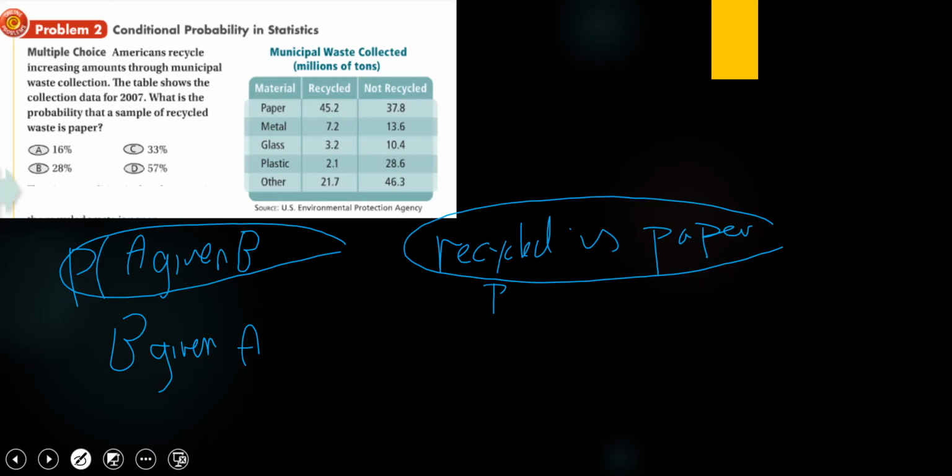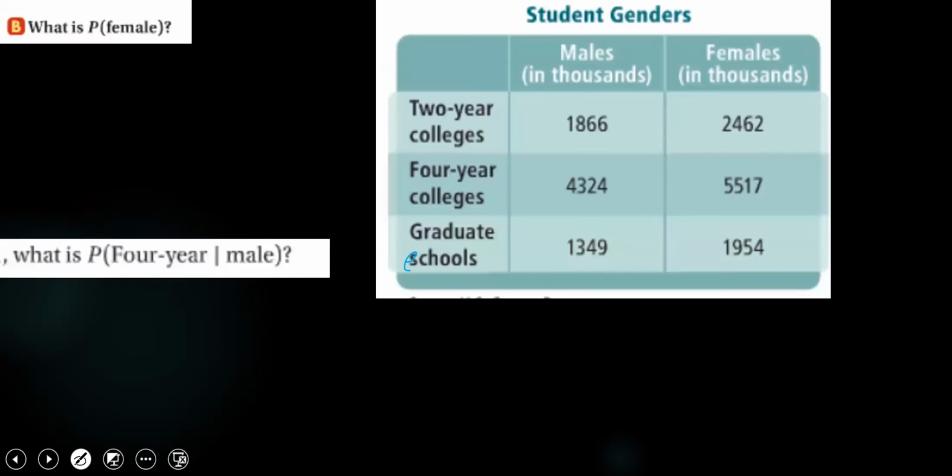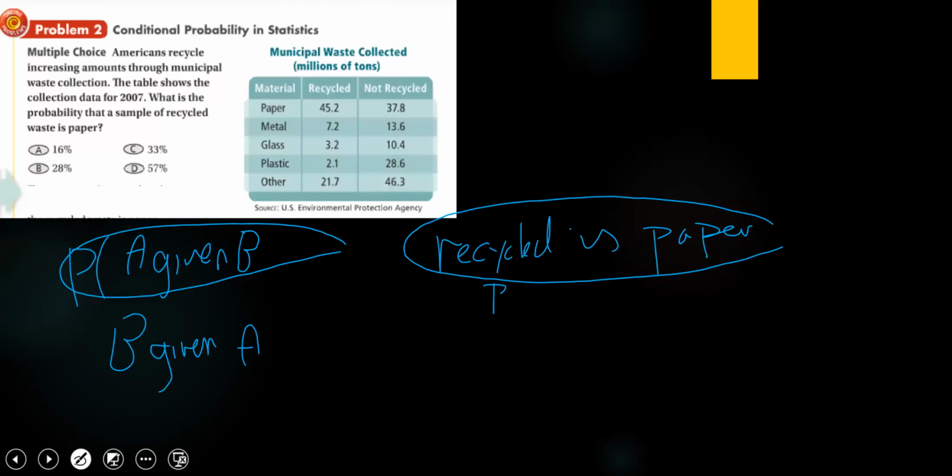So here, when you say, what is the probability that the chosen 4 year student is male, you will put it as 4 year given male, or the probability that the chosen 4 year students are male. Here, what is the probability that recycled waste is paper?